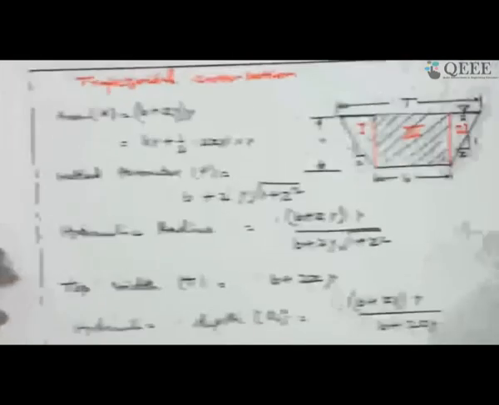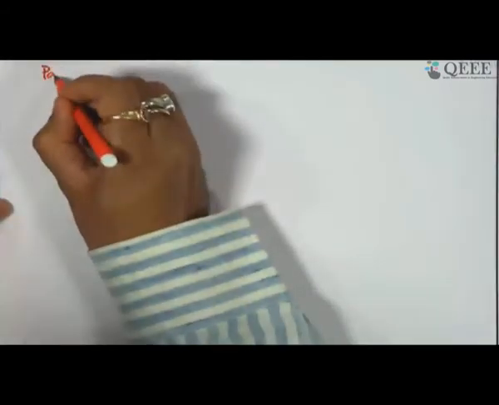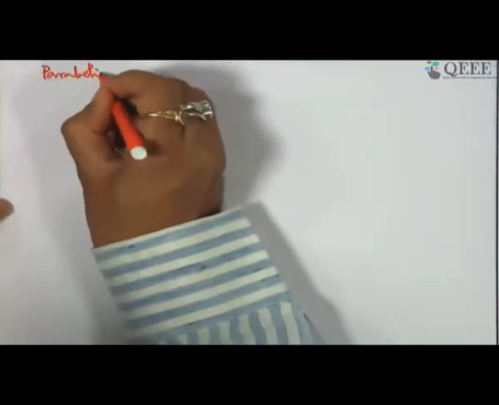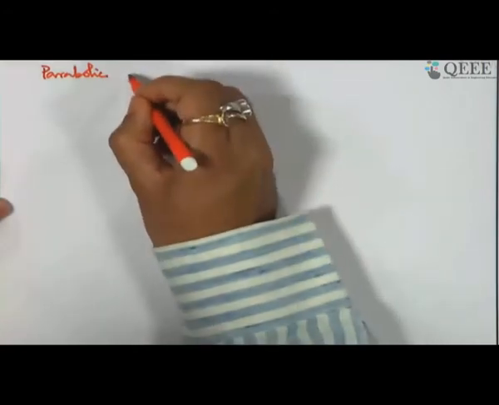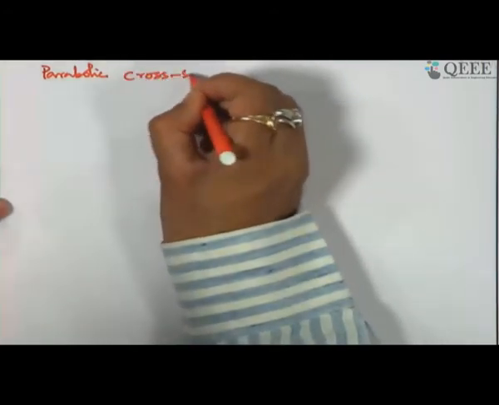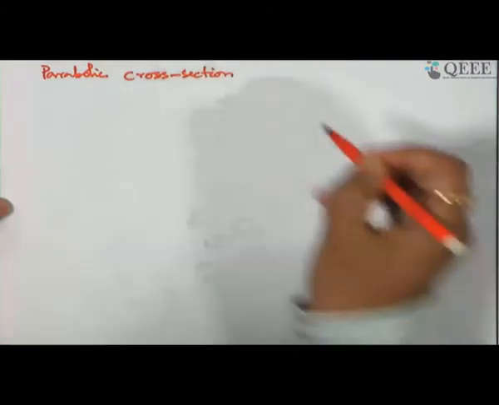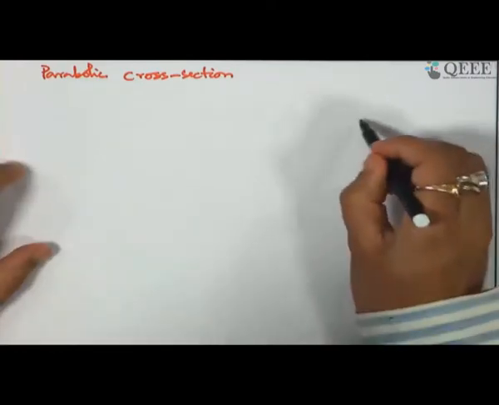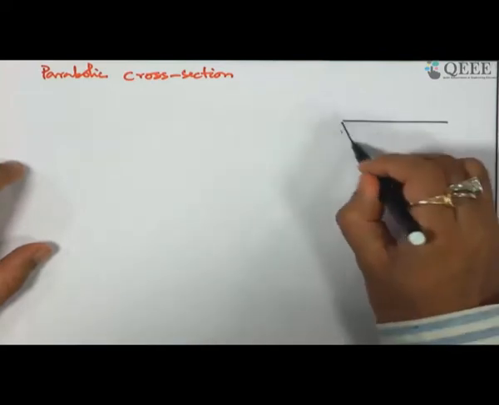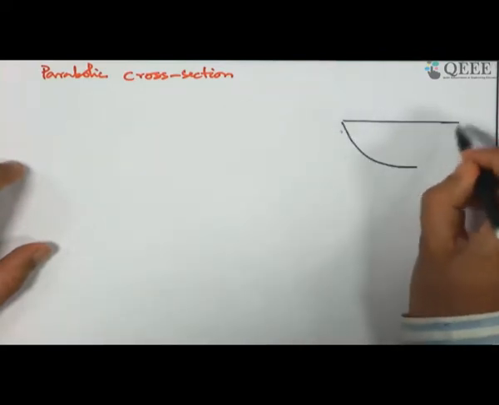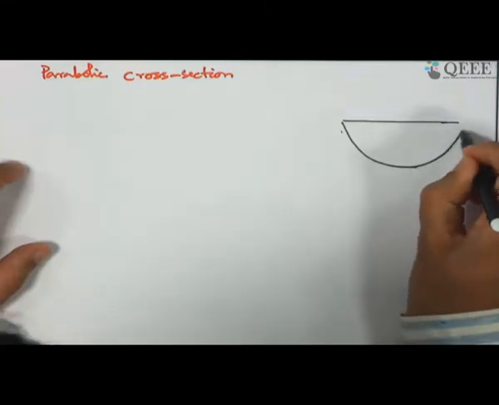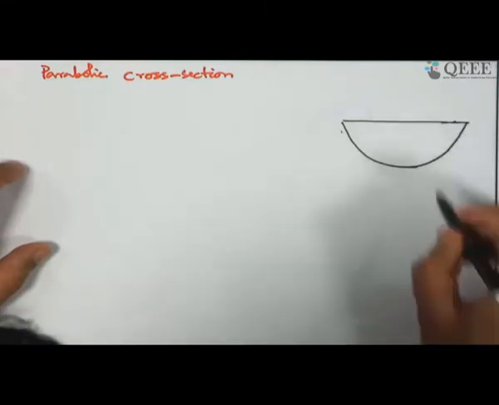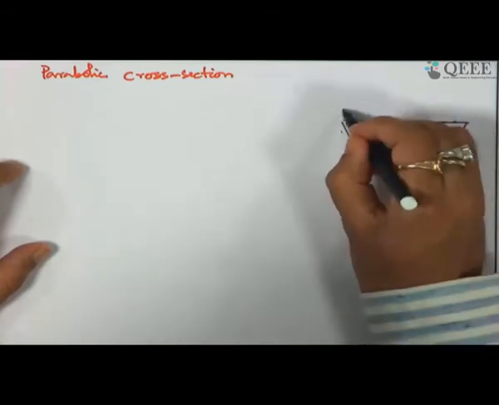Similarly, the last part is the parabolic cross section. We can determine the values, but here some of the parameters or equations are a bit complicated.